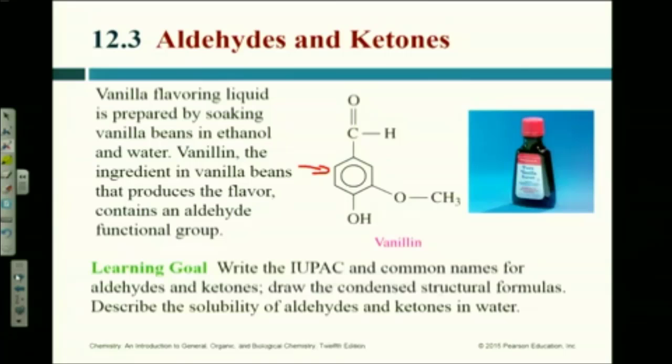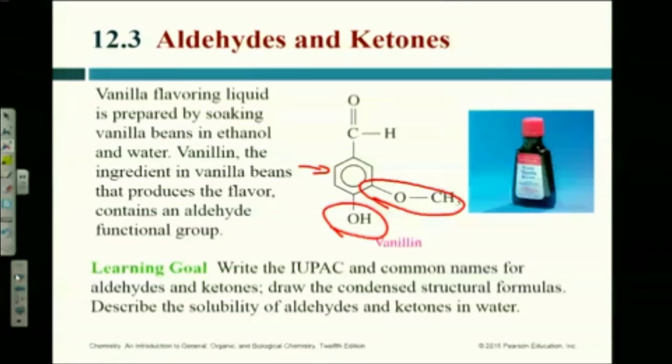This ring right here is what kind of ring? It's a benzene ring, so what kind of molecule is it? It's an aromatic. It has this down here, which makes it what? What's the OH make this? It's an alcohol, right? And then it has this right here.